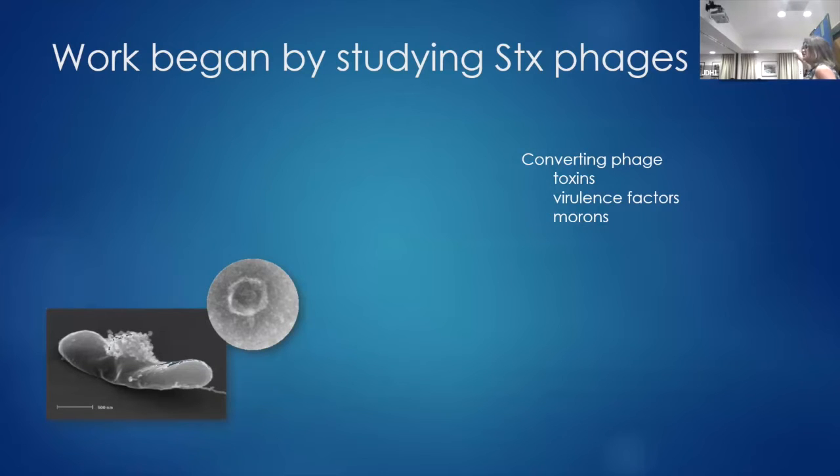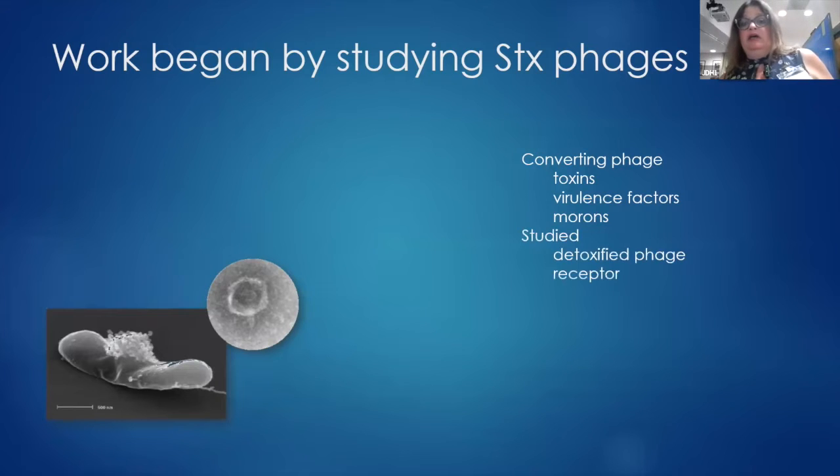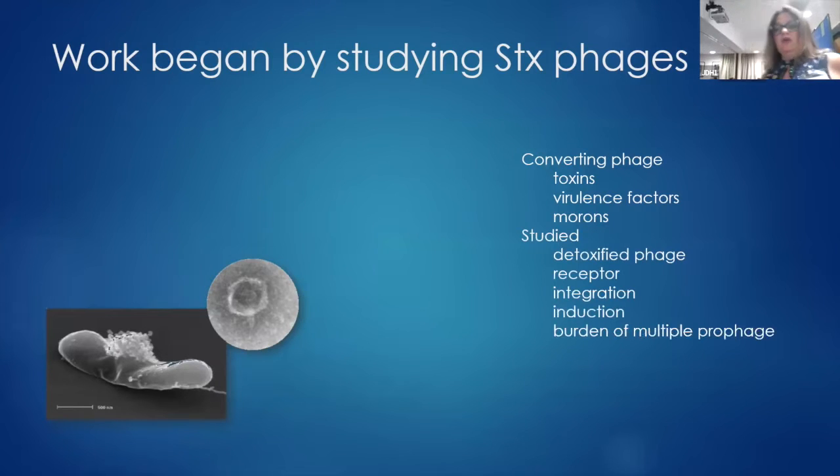And these genes directly have an impact on the host. And as we were going through this, we did some fairly standard types of experiments. We looked this time, though, using a detoxified phage. Working with Shiga-toxin has to be done at Cat3, and I wasn't that keen on doing that for very long.